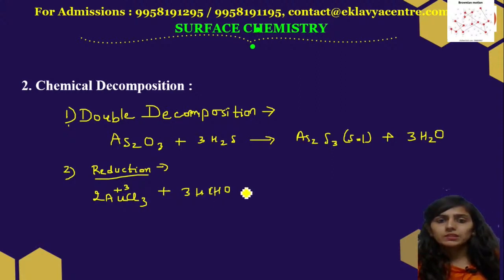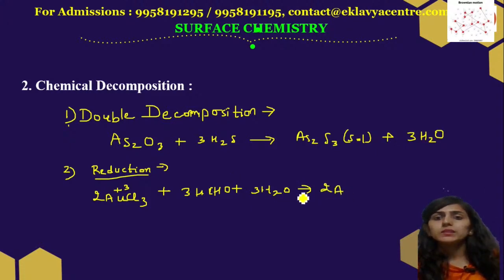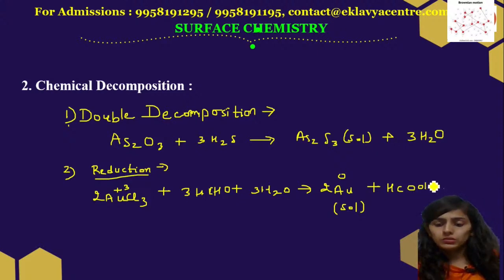It will get reduced and form 2 Au, where the oxidation state of Au is 0, as Au sol. Since the reduction of Au has taken place, this HCHO will get oxidized to HCOOH plus 6 HCl.